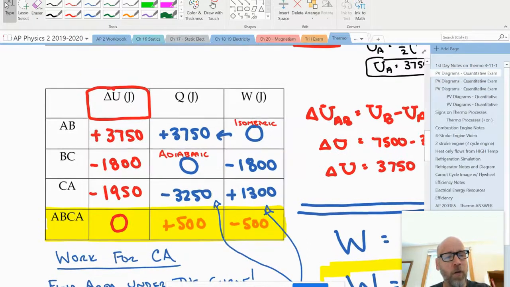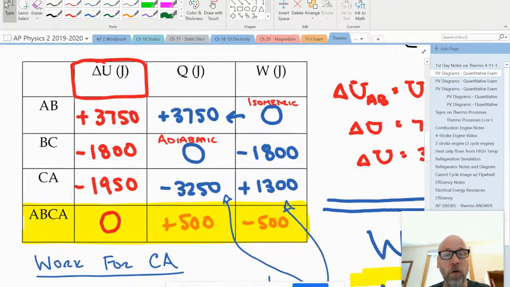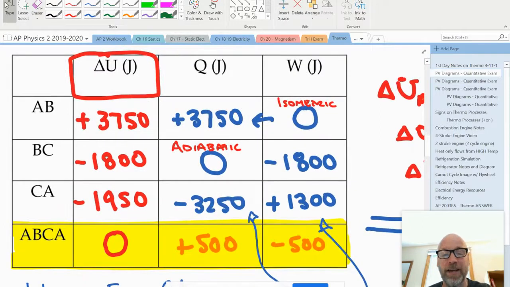But when that happened, a whole heck of a lot of heat was added in this problem, 3,750, and only 500 joules of that actually converted into work. The rest of that was lost in exhaust, moved out of the system. So that's not the most efficient way, maybe, of converting heat into work.